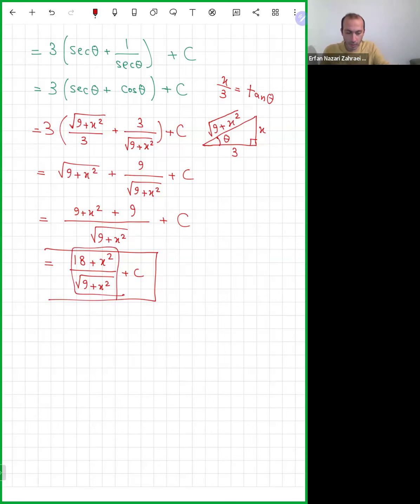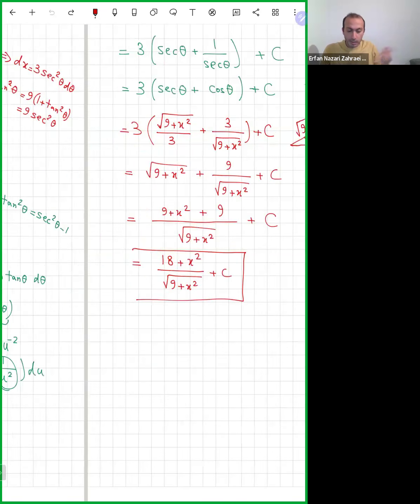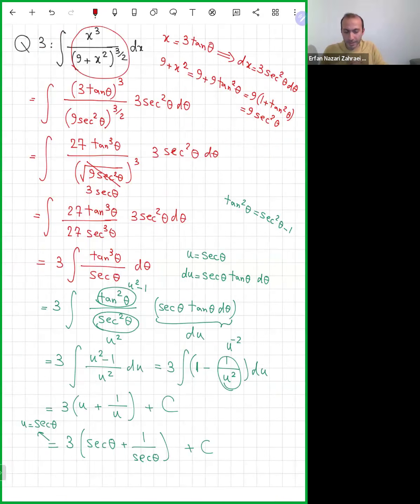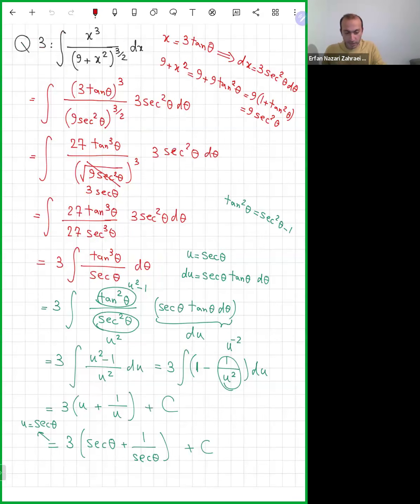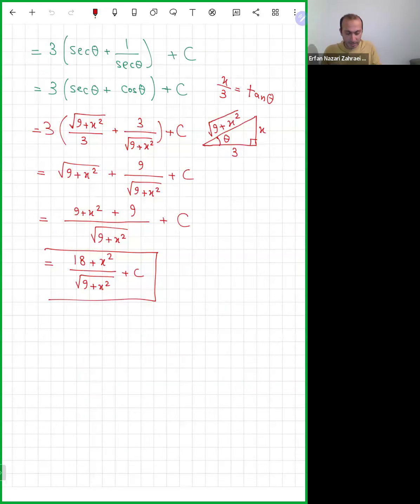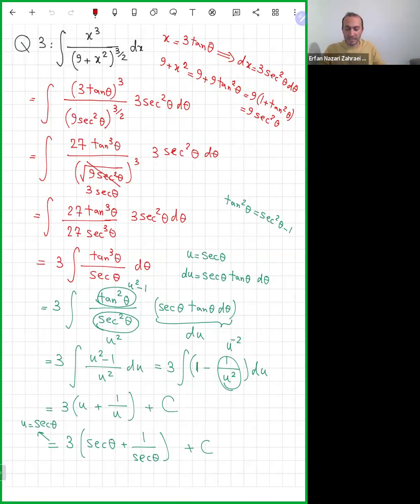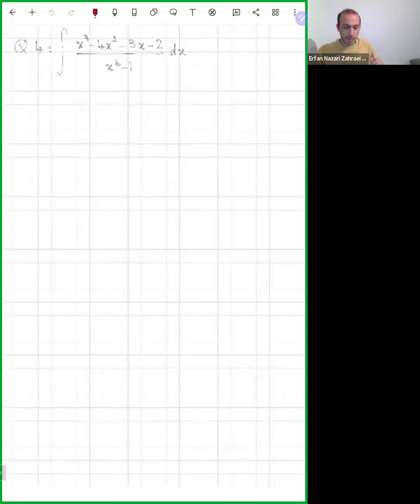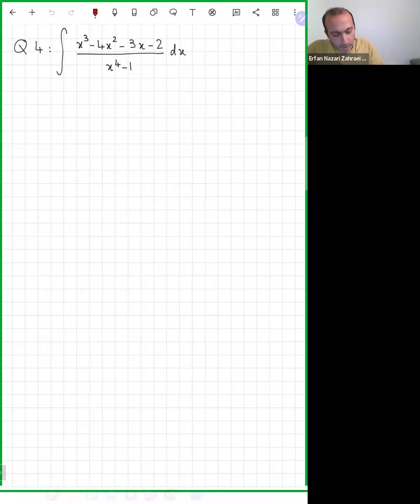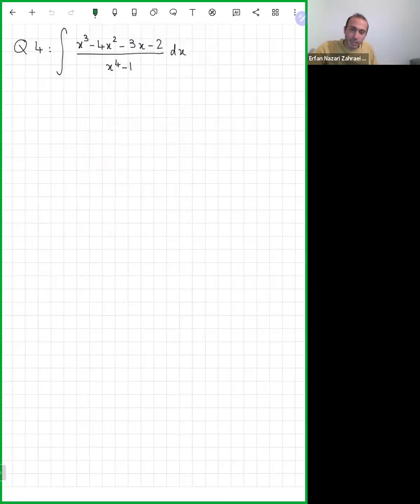Use the quotient rule and chain rule to see that you get this as the result. It's not at all clear by looking at it that it has such a simple antiderivative, but by systematic computation of trig substitution and trig integrals, we can find the antiderivative. It's very nice. Okay. Next question.